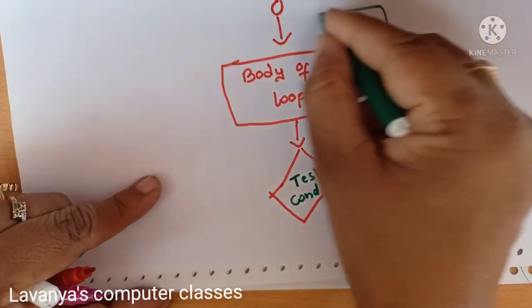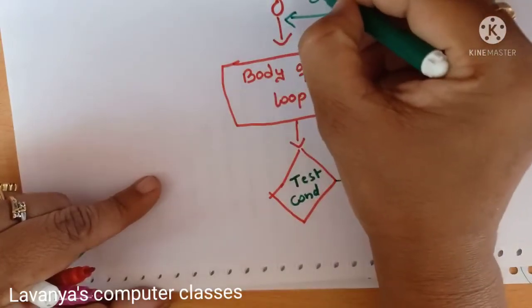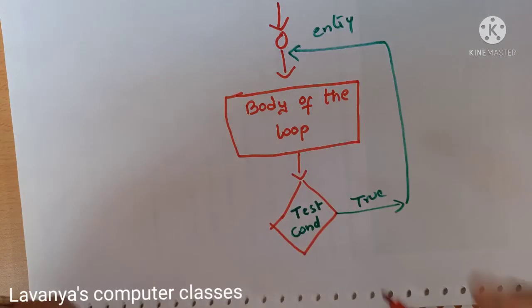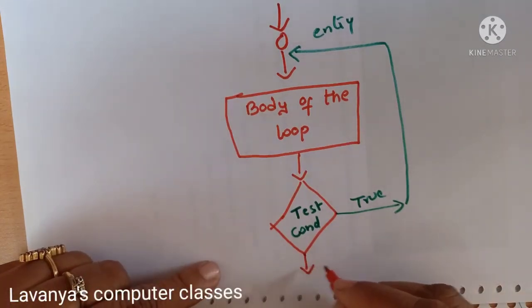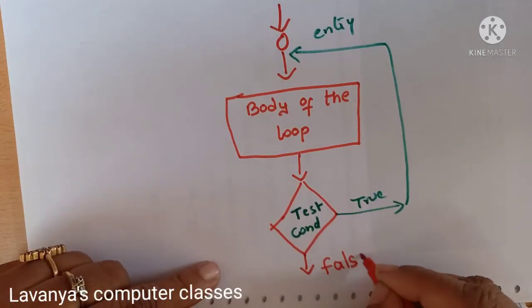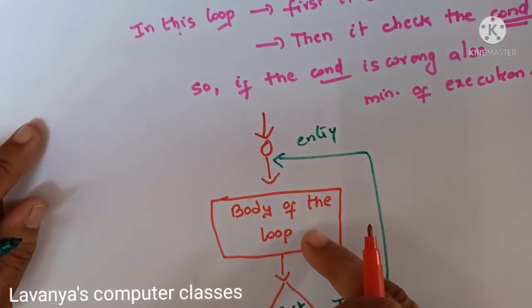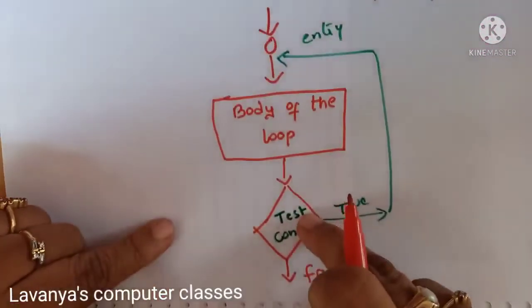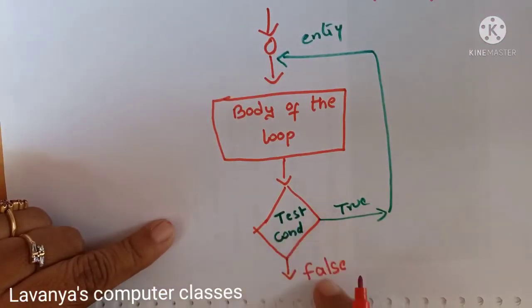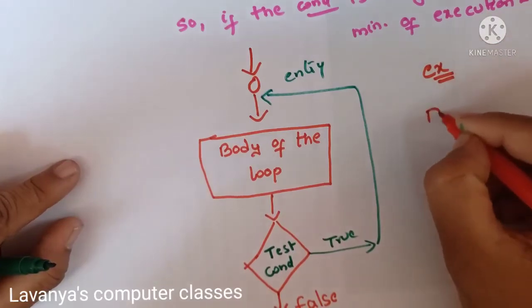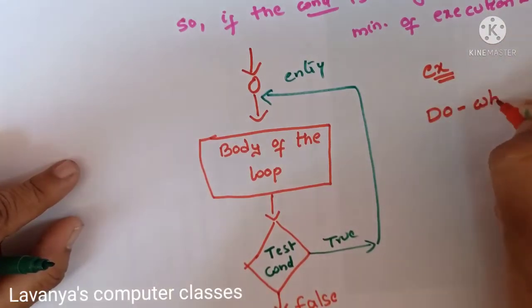Like this it is repeated continuously until the given condition is true. If the given condition is false, then only it exits from the loop. So while the condition is true, it repeatedly executes the statements. If the condition is false, then exit from the loop. So this is the procedure for the exit control loop.